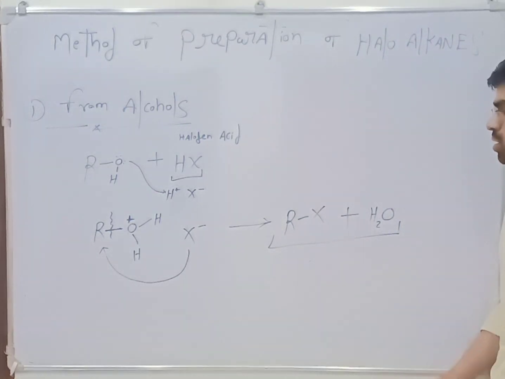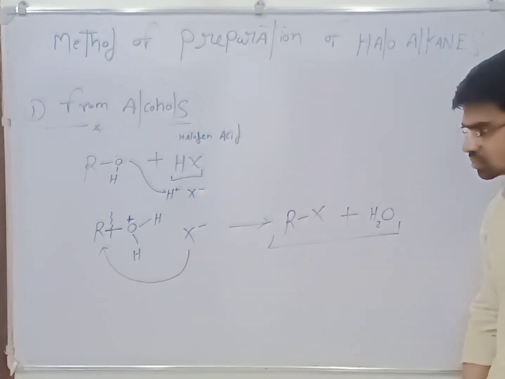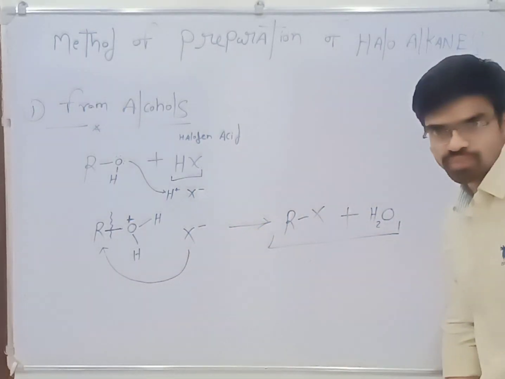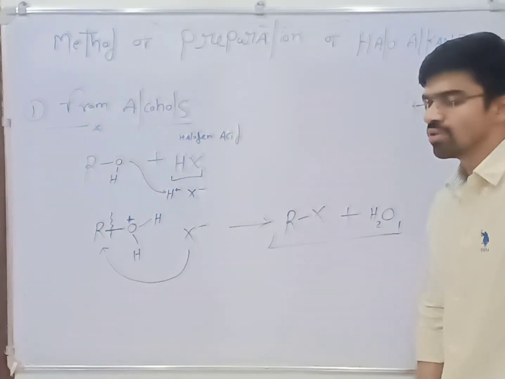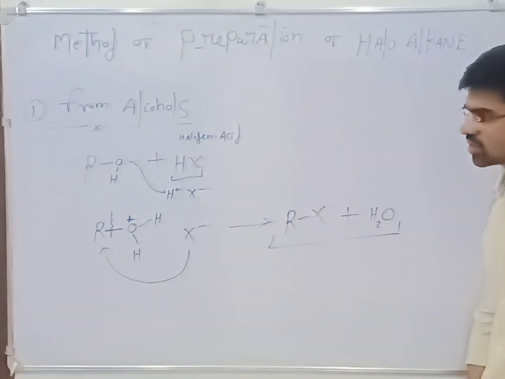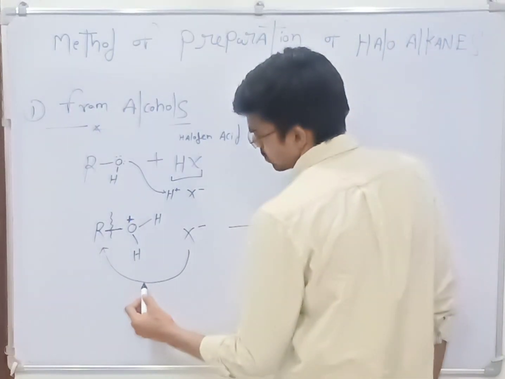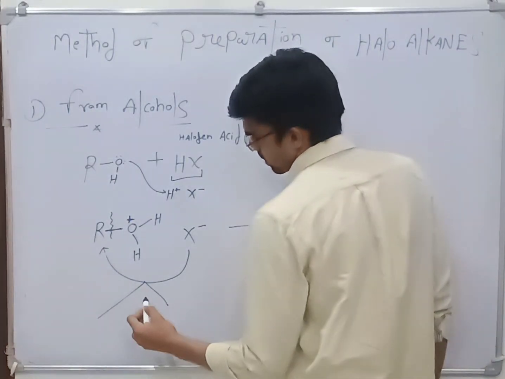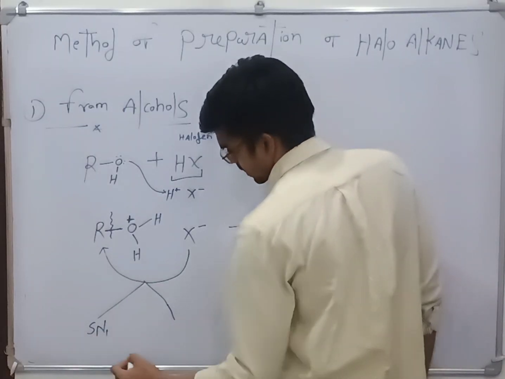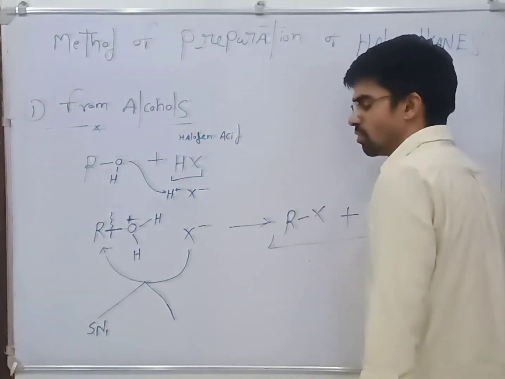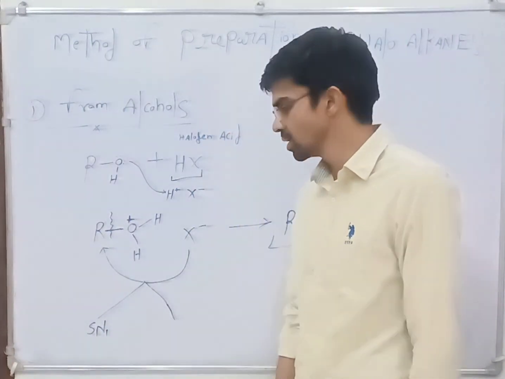In this kind of reaction, there are two types of reaction mechanism we follow. First one is the SN1 reaction mechanism, and second is the SN2 reaction mechanism. The full form of SN1 is substitution nucleophilic unimolecular.